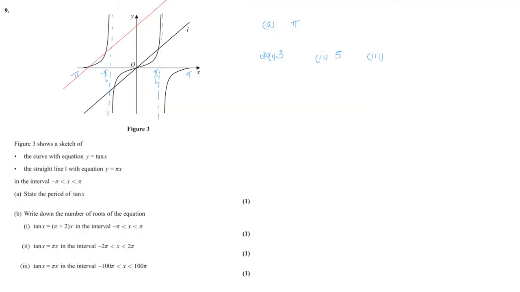So if you think about it, just taking the 1 out for the centre, it will cross in 2 places between pi and minus pi, 4 places between 2 pi, so it's going to be 201. Okay, and there's the full 4 marks.